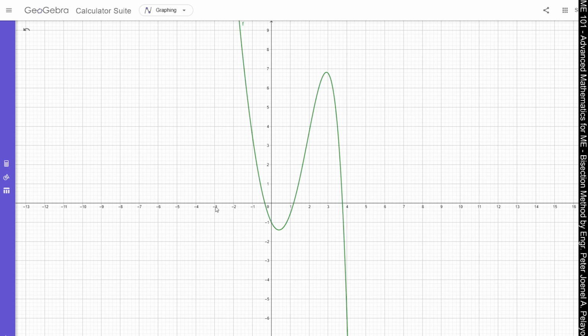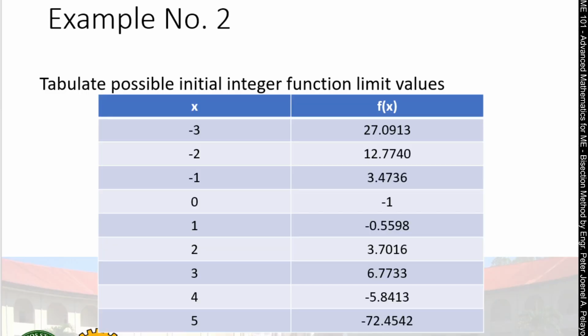Makikita naman natin na within the negative 3 and 5 is nandun na yung root. Actually, pwede rin negative 2, pero mas negative 3 ako nagsimula dun sa table. Okay? So, ito yung example number 2.